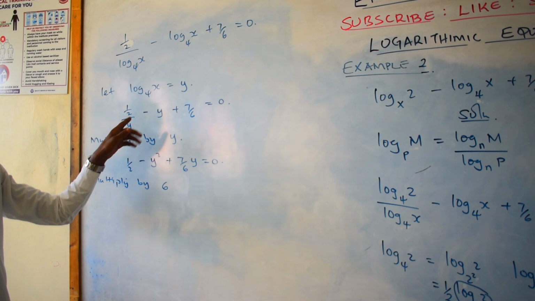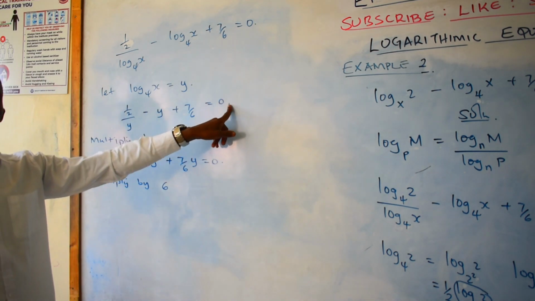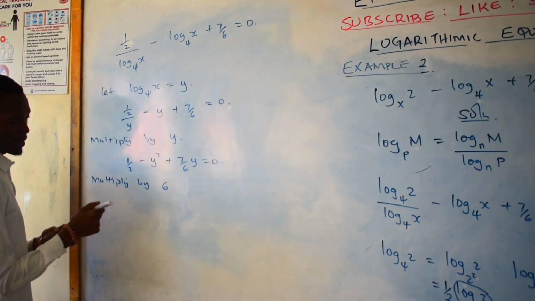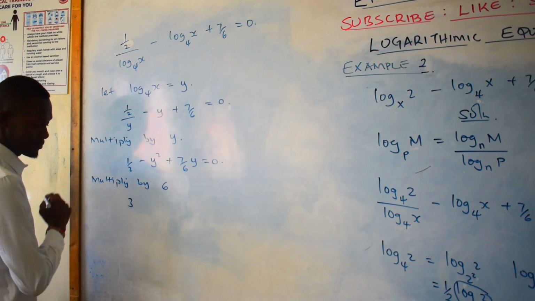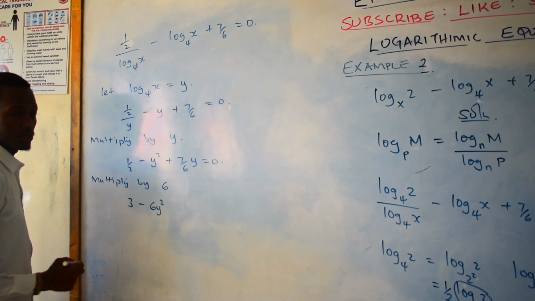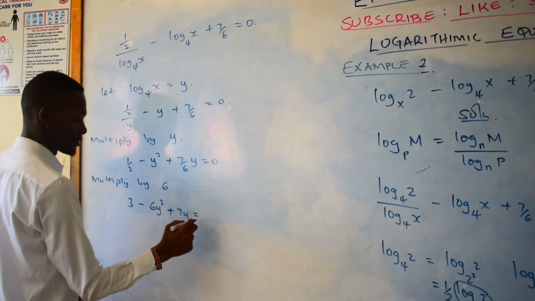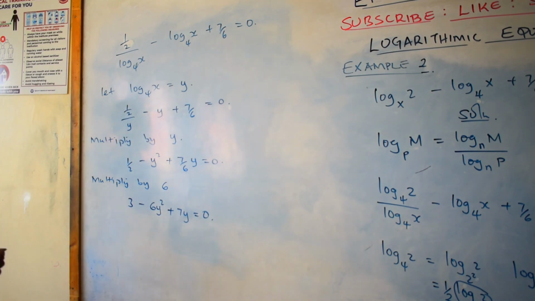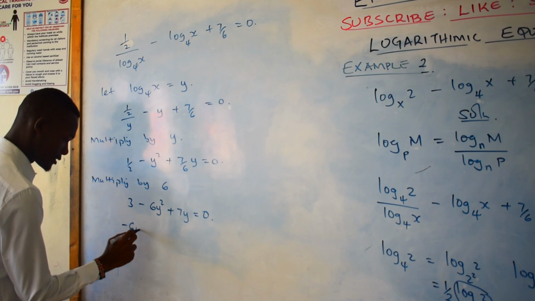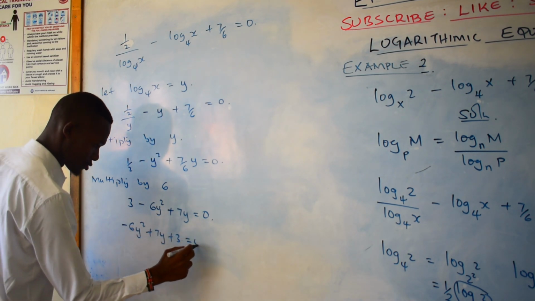Remember, you're multiplying everything by the same number. So if you multiply by y, you're multiplying the left hand side and the right hand side. But when you multiply the right hand side, you just find it will still be 0. So the same way here, multiply this one by 6, this one will become 3 minus 6y squared plus 7y, then this one remains 0. Now let's rearrange it to become a quadratic equation. Now we have negative 6y squared plus 7y plus 3 equals 0.